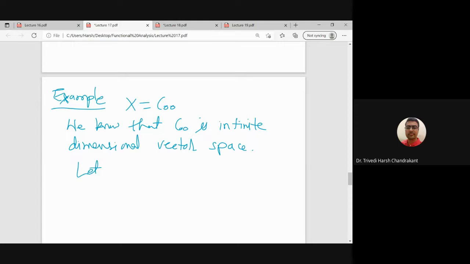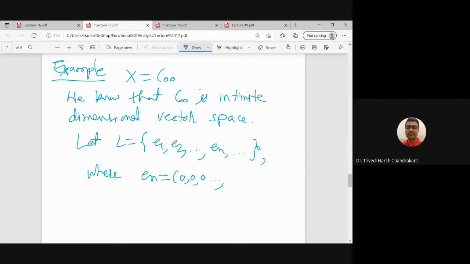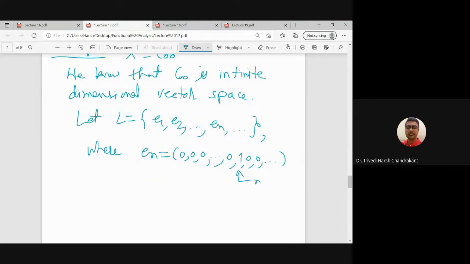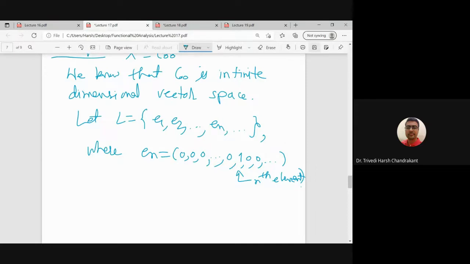So let L equal {e1, e2, ..., en, ...}. This is an infinite LI subset of c00, where en is 0, 0, 0, ..., 1, 0, and so on. So this is the nth element of the sequence. Alright, so this nth element is 1, other elements are 0.